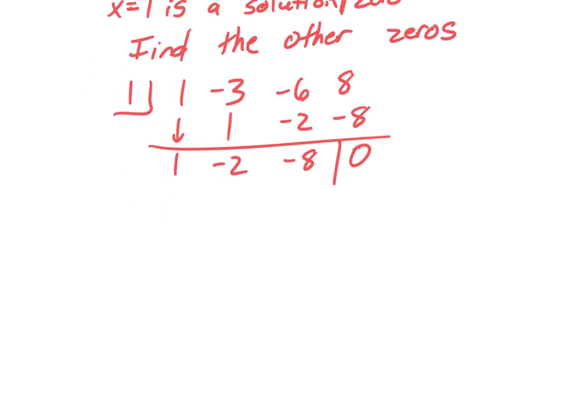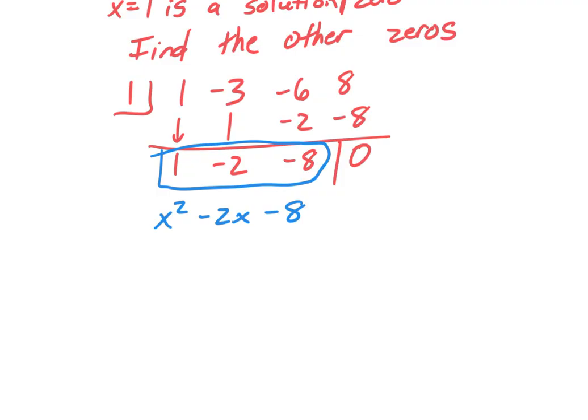Now here's what we're going to do. I'm going to take what's left over here and write it as a polynomial. Well, we started off with degree 3, so this would be 1x squared minus 2x minus 8. If I asked you to factor this, what would x squared minus 2x minus 8 factor into?